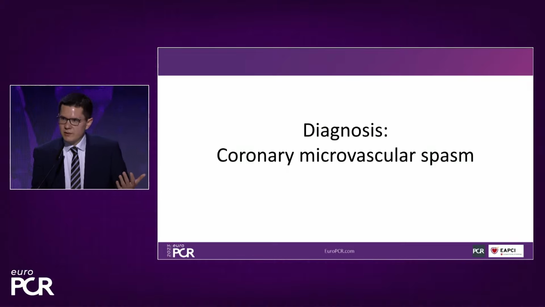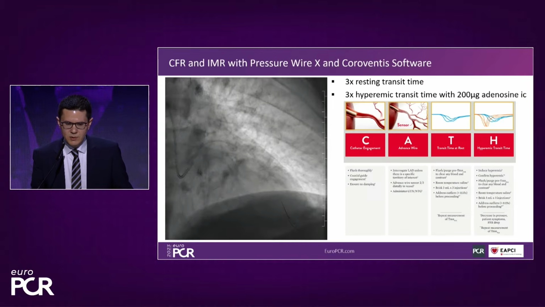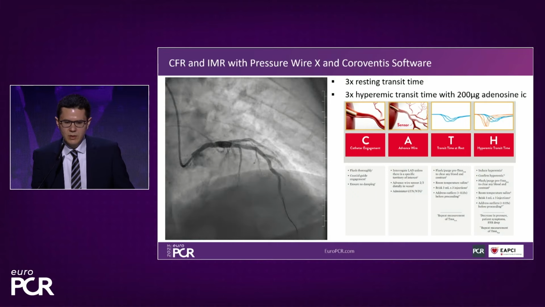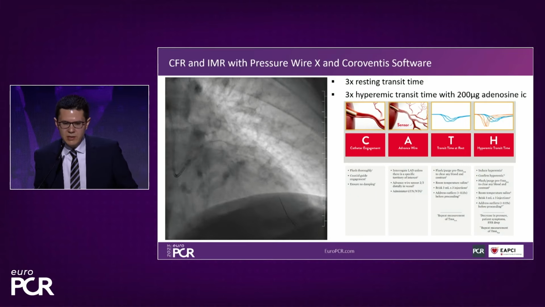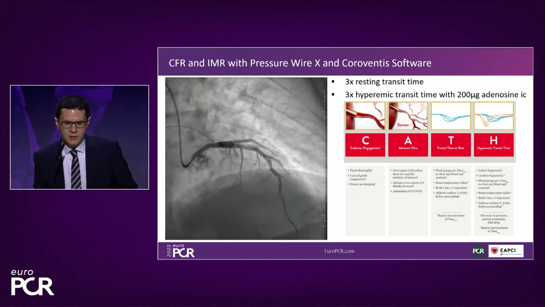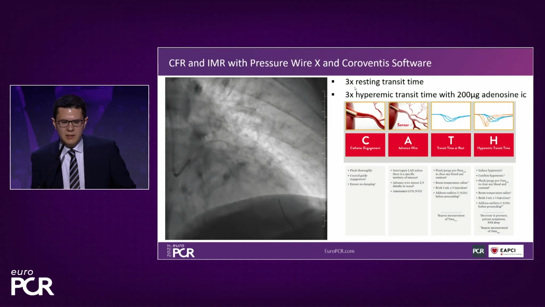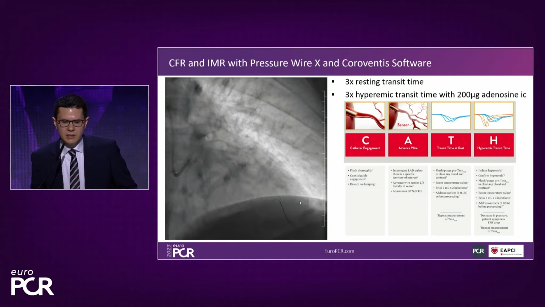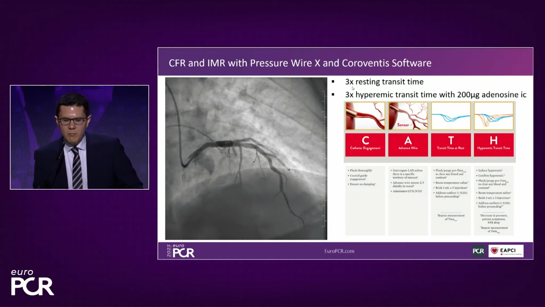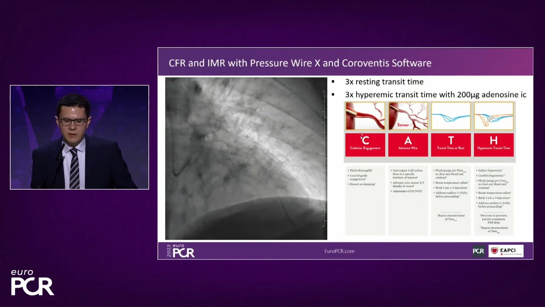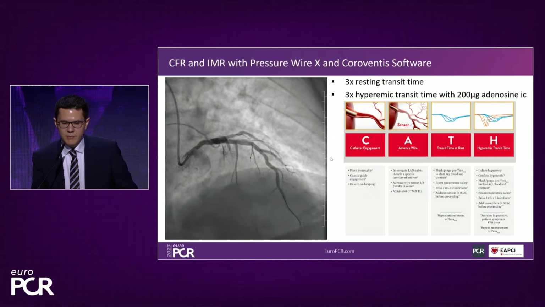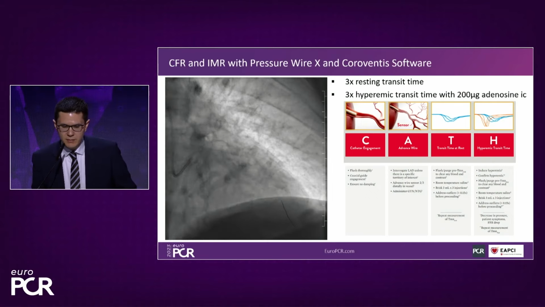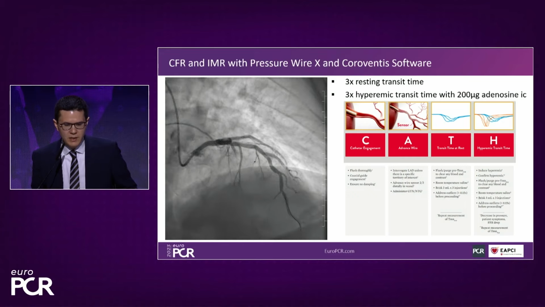But that was not all that we did. The adenosine testing was the next that we performed. And as Professor Eskenet already explained, we placed the pressure wire in the LAD. We measured the resting transit time with the bolus injection of 3 milliliters of saline.